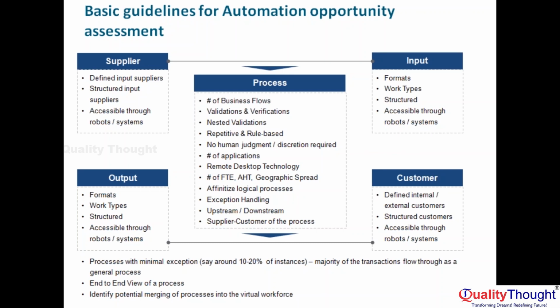Second one, 10 employees are working from India. Which process is better to automate? First one. Because in the UK, they have to give high salaries. If you replace UK employees with bots, you will get more benefit. That's why you need to study the geography also.